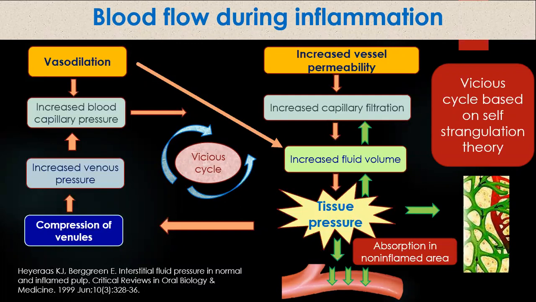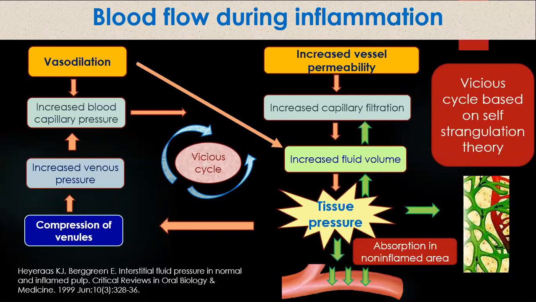However, in cases of extreme inflamed condition, if this does not occur, then this vicious cycle will go on and act as a self-strangulation, right? By our own inflammation, we are self-strangulating the pulpal blood flow, which increases the pressure again and again, and it finally leads to pulpal necrosis, right?